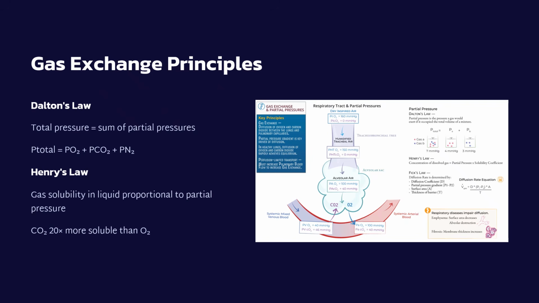For your Henry's law, it states that the amount of gas that dissolves in blood depends on its partial pressure and solubility, which explains why increasing your PO2 with oxygen therapy lets more O2 dissolve into the blood, and why CO2 is easily removed.